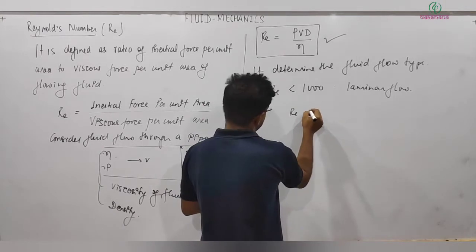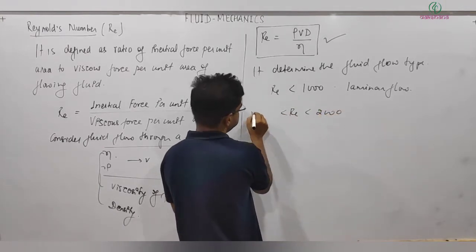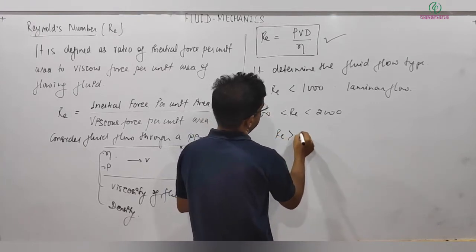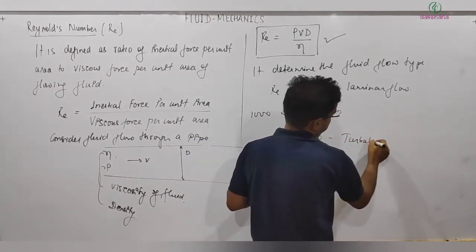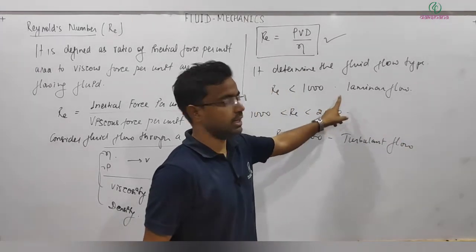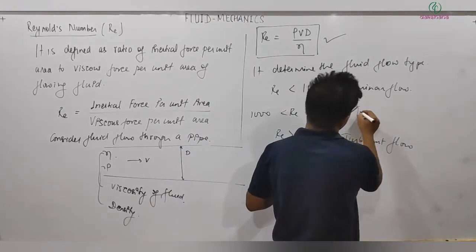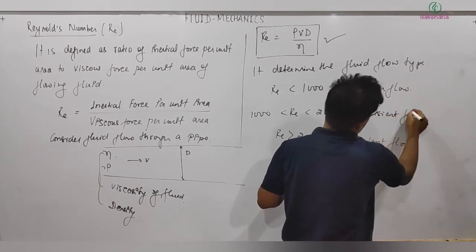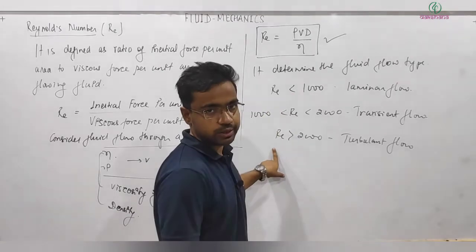For Re greater than 1000 and less than 2000, the flow changes from laminar to turbulent. This is called transient flow. And Re greater than 2000 is turbulent flow.